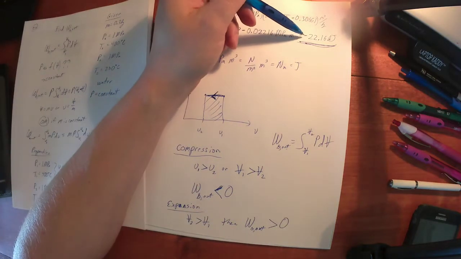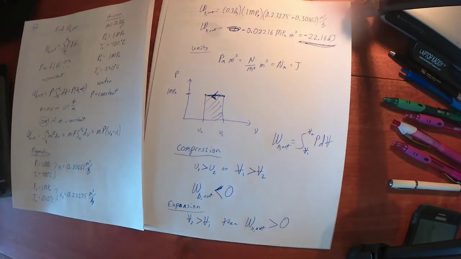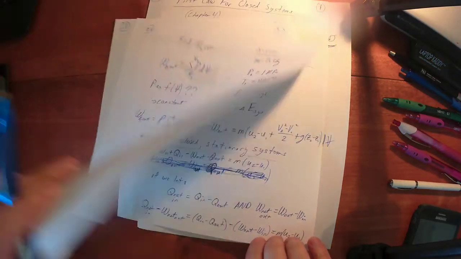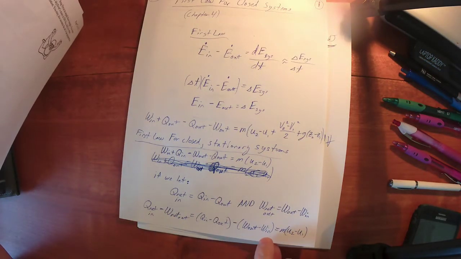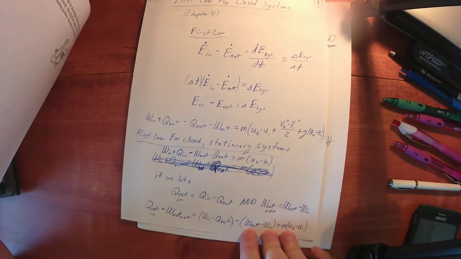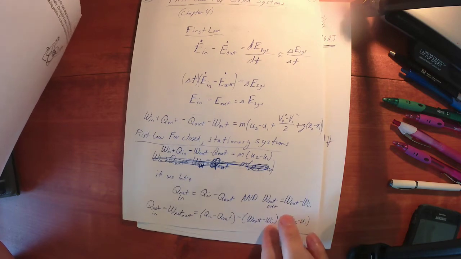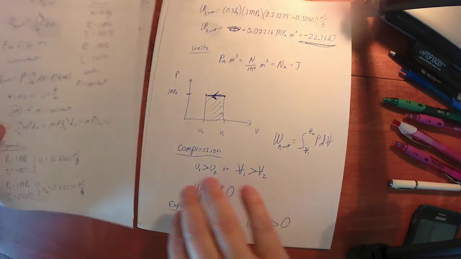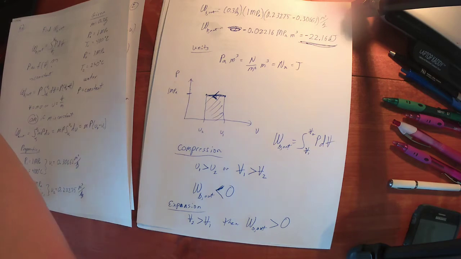So this negative sign means it's actually compression work. I can either plug it in to my first law equation as a negative 22 kilojoules here, or I can plug it in as a positive 22 kilojoules in the work in term, and the signs end up taking care of themselves, which I think we'll see coming up next.